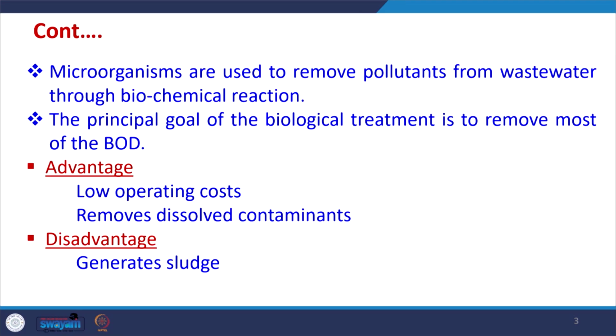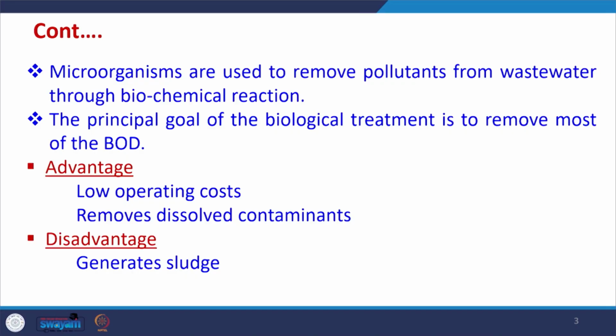So, overall the principal goal of the biological treatment process is to remove most of the biological oxygen demand that may happen later on if we do not treat that water and it goes directly into any aquatic body including river or reservoir. So, this is possible.